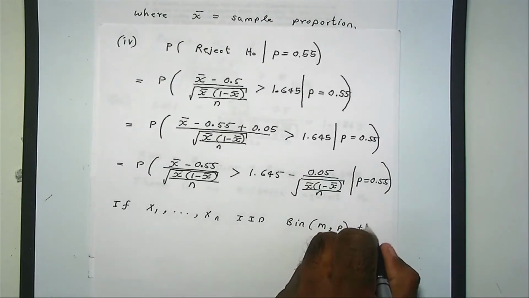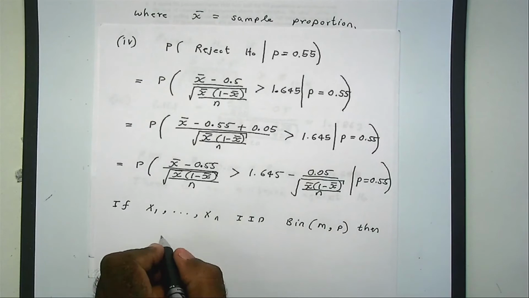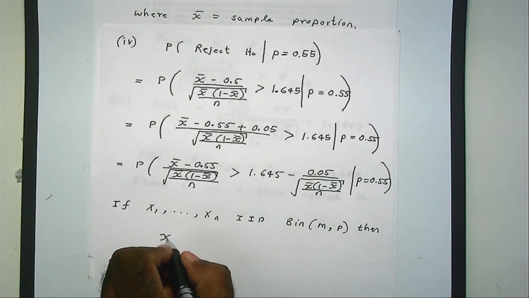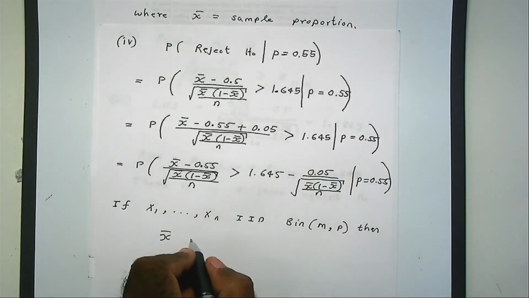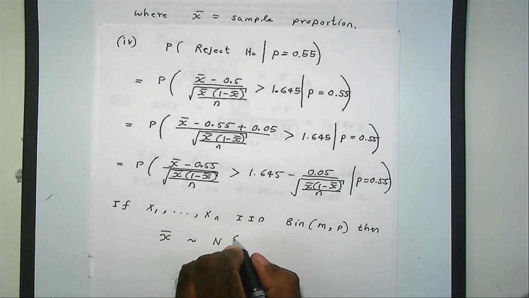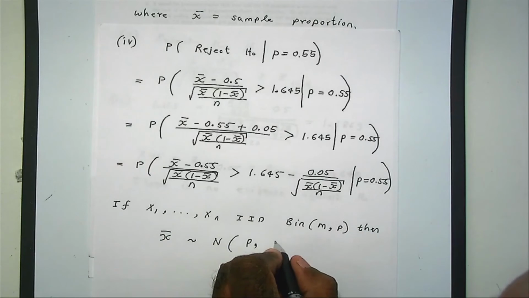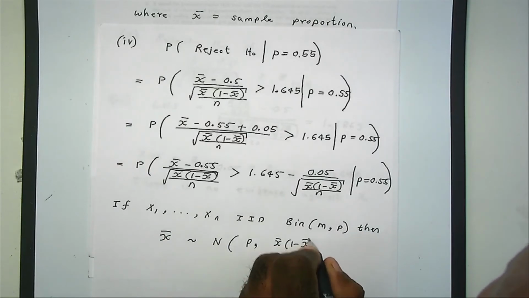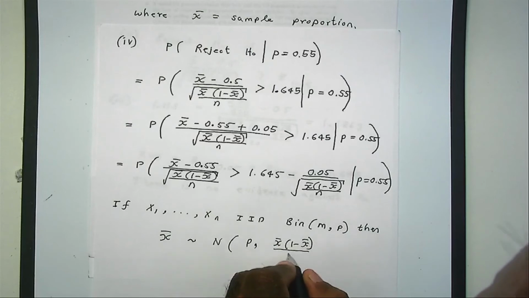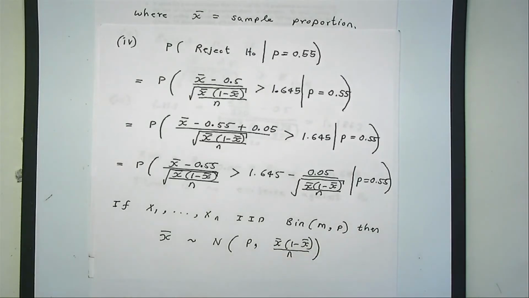Then you can approximate X bar as a normal distribution with parameters p and... yeah, you probably remember this.